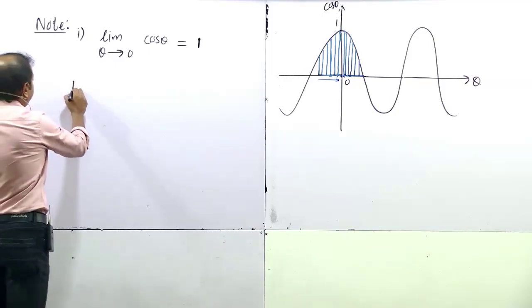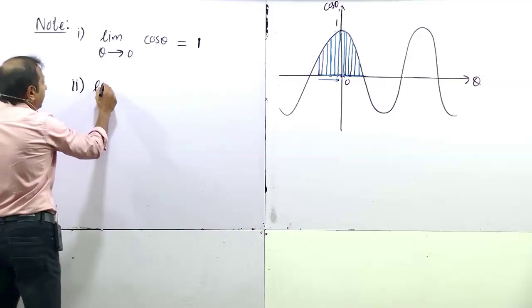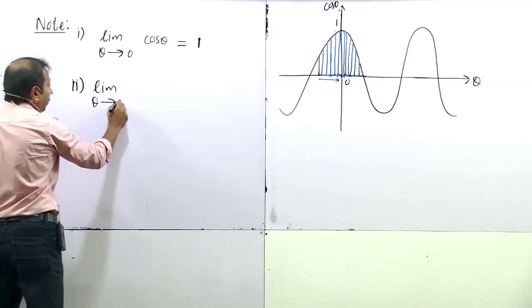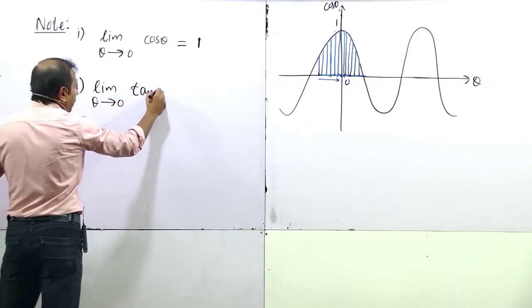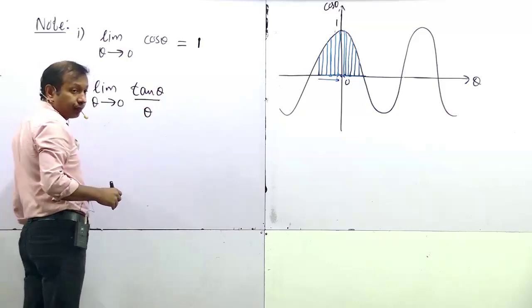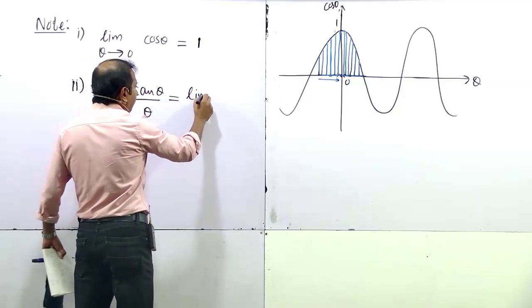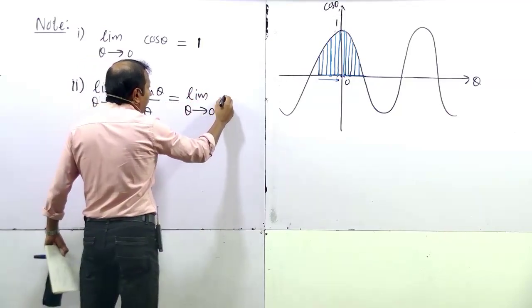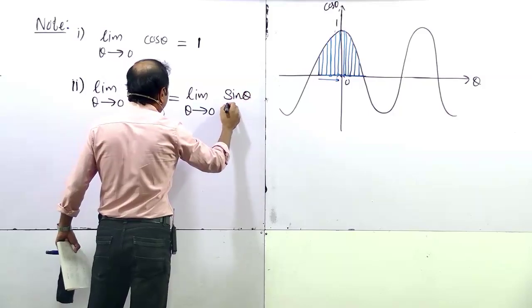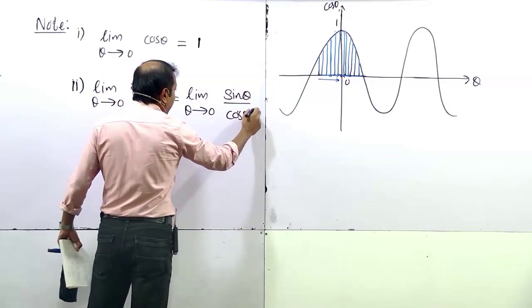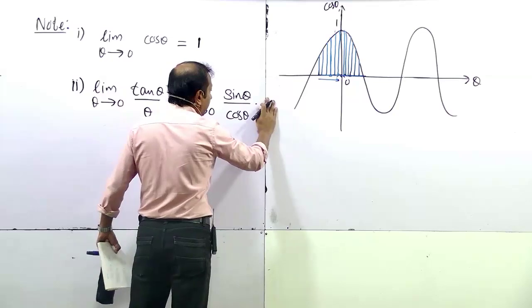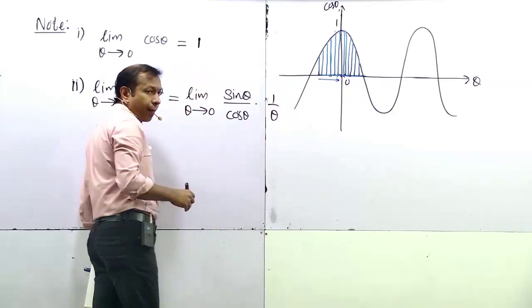Then we can use this one. Number 2, second note. I am going to write this way, people. Limit theta going to 0, tan theta by theta. Now, I can write tan theta as sin theta divided by cos theta. And here we have theta. That theta I write as 1 over theta.